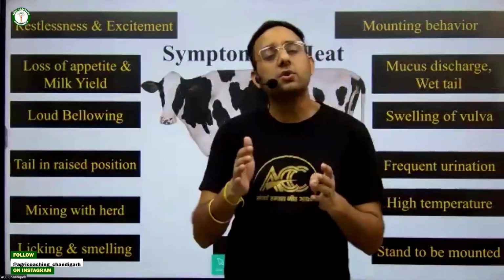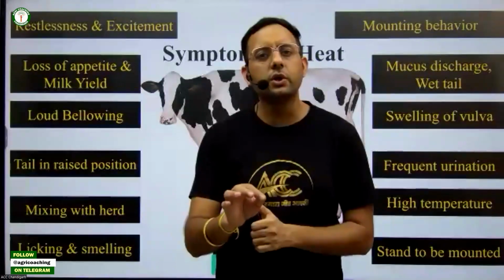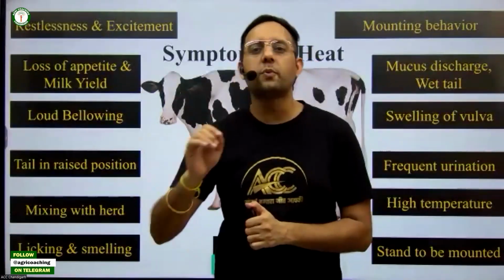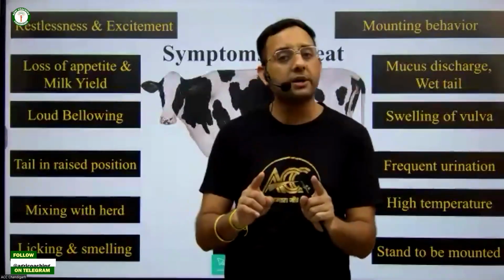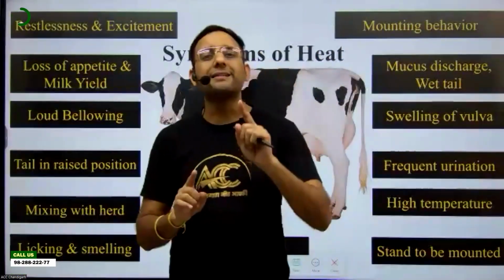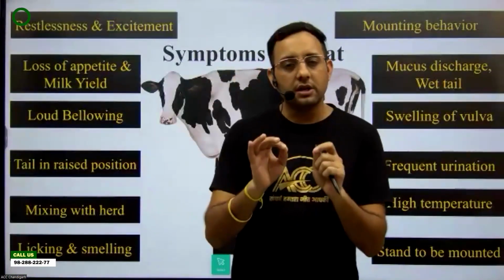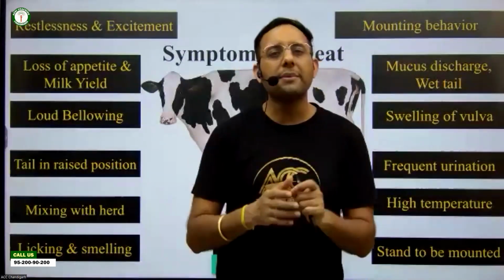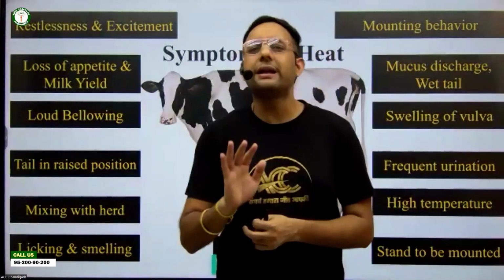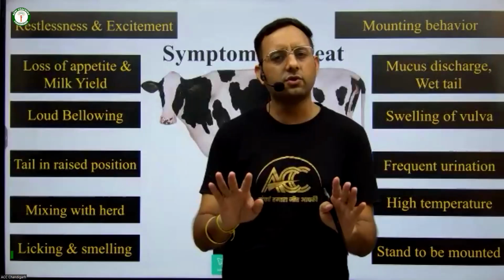CL means corpus luteum. Corpus luteum is responsible to produce progesterone in the cow's body, but please make sure corpus luteum is just a temporary gland. Generally it will be in the cow's body for 14 to 20 days only.